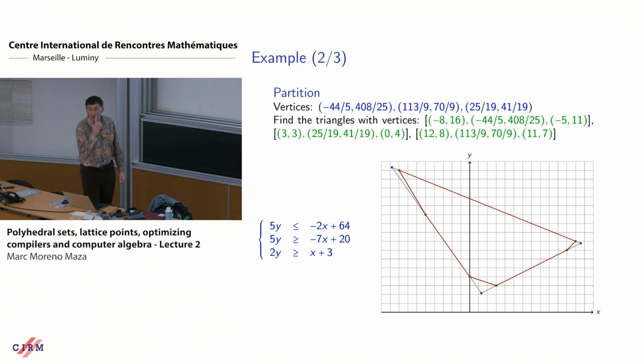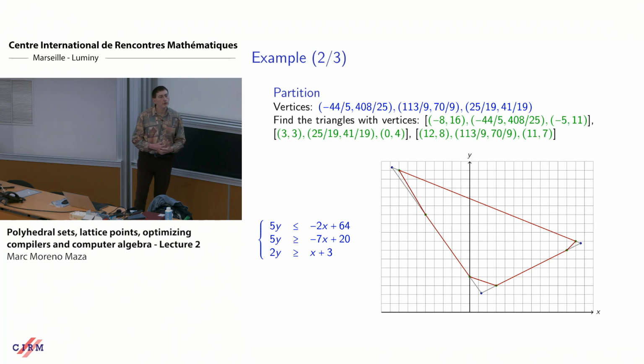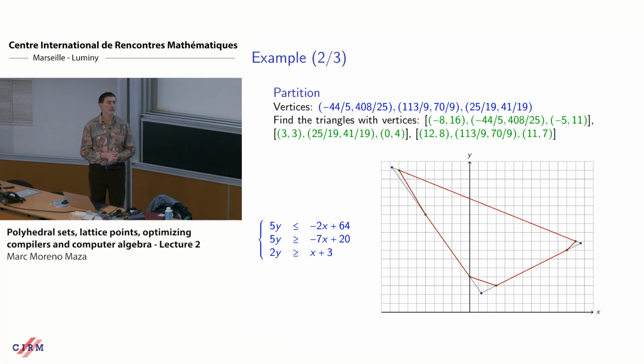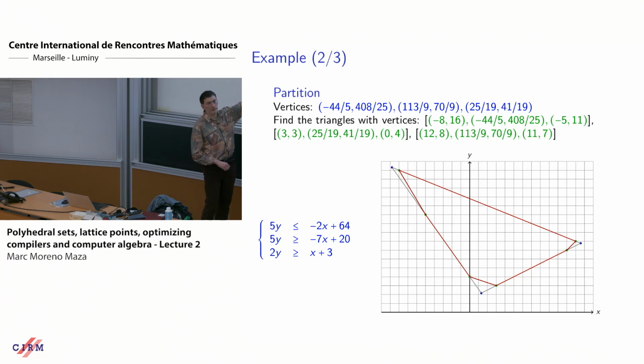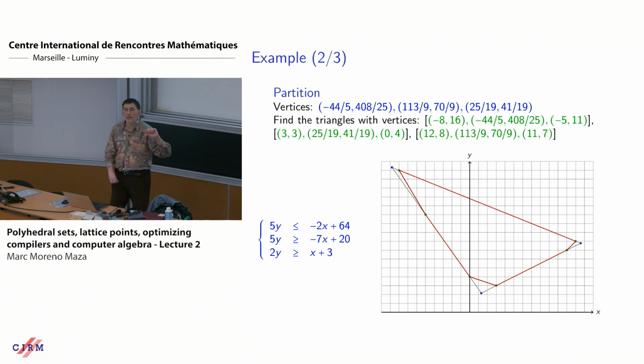But by the way, the other algorithms for integer hull essentially do similar things. That is, they do some preparation work, and after that, they run Fourier-Motzkin to find the points. So here we are trying to avoid it as much as possible, or to do it only on this small region. Exactly.